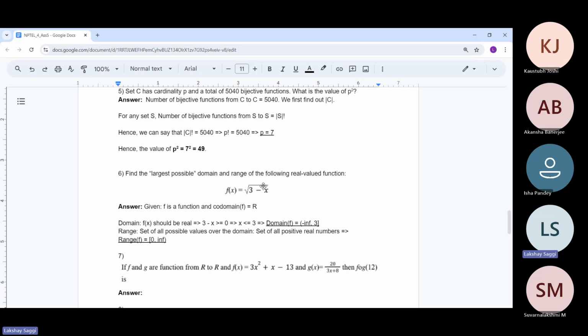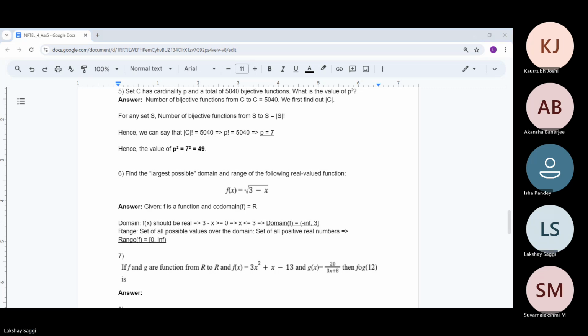As I already told you, suppose there is a positive real number y, which is equal to square root of 3 minus x. Then 3 minus x is equal to y square, and from that we obtain x equal to 3 minus y square. So at x equal to 3 minus y square, we will obtain that value y by putting in this x.